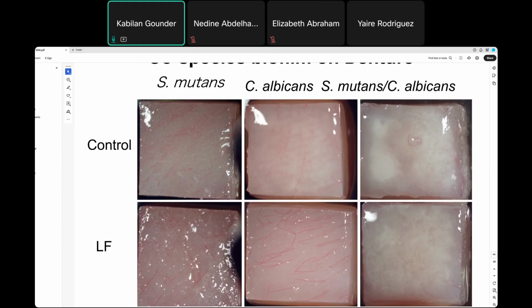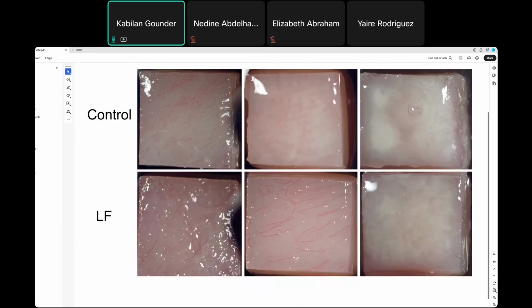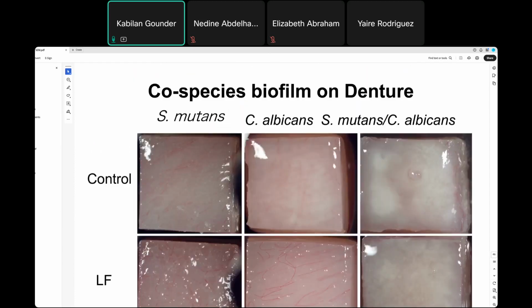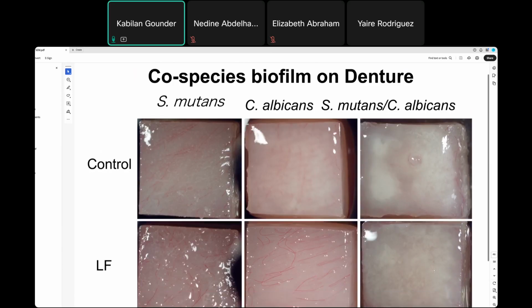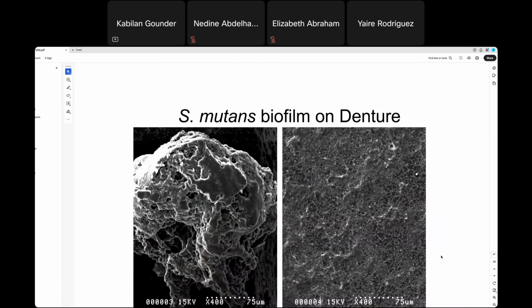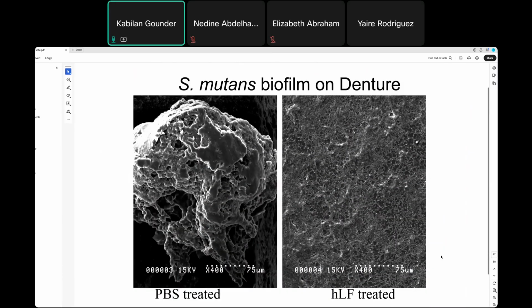When you look at this, it significantly reduced the bacterial biofilm and also the fungal biofilm, and you can see we reduced the thickness of these biofilms compared to the control. That gives you a detailed structure of different surfaces and shows that the lactoferrin effectively prevents the biofilm. So this is a Streptococcus mutans biofilm on denture with high magnification.